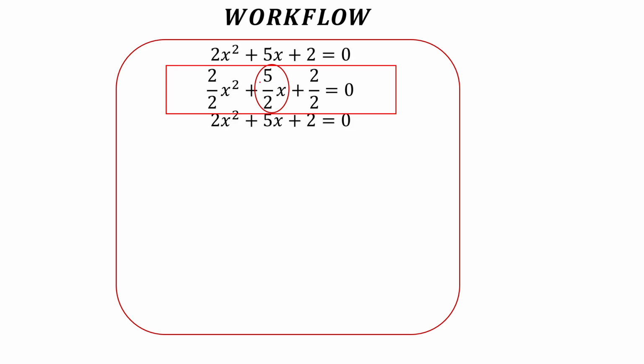What we are going to do is find the product of 2 and 2, so this 2 here and this 2 here as well. The product is going to give you 4. So this 4 is our new c, right?